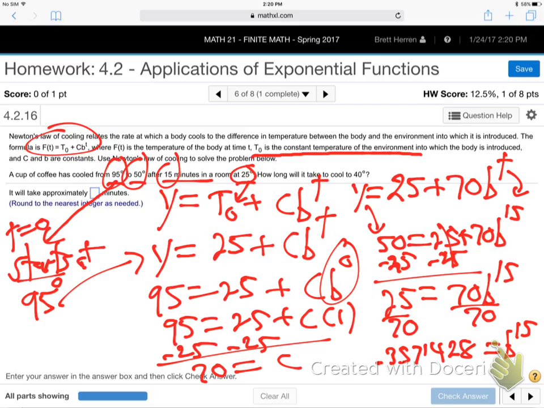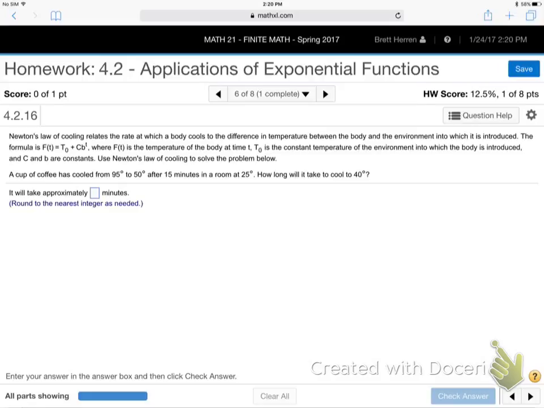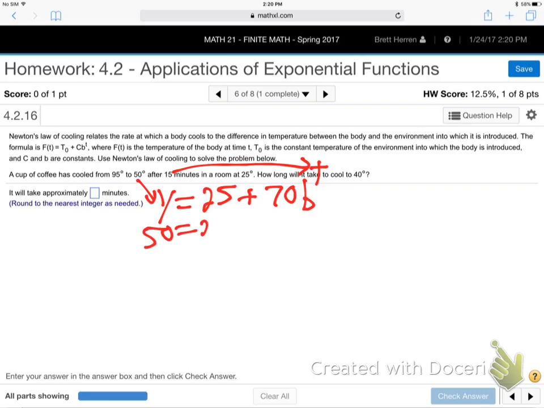So I'm going to move to a new screen and get B here. So where are we at? We have y equals T0, which is 25, plus C, which is 70, times B to the t. I plugged in the 50 degrees at time 15 minutes. Let's recap what I did real quick.